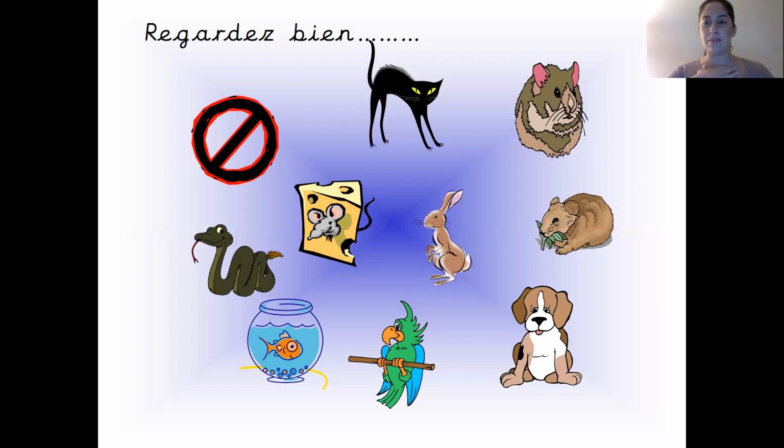Now I'm going to point to different ones and I'm going to say the name and then I will point for you and you say the name. I forgot the hamster, so we'll go with this one being the hamster and this one being the guinea pig. Un hamster. Okay, and now I'm going to point to different ones and I will say the name quickly, then I'll point for you.